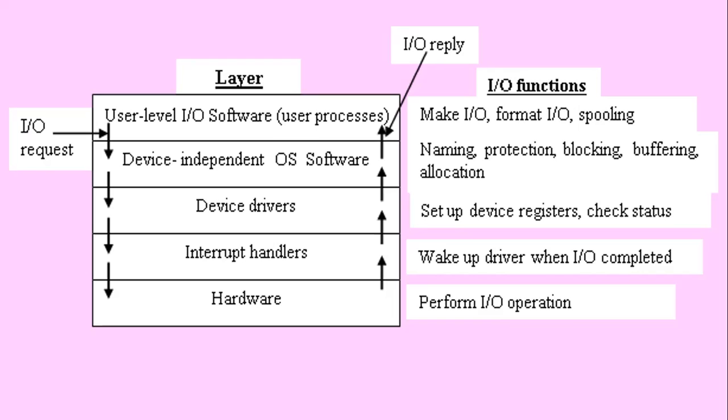Then the device drivers forward it to the device-independent OS software layer. And then finally, the reply is issued to the user process, through which the user is able to know what has happened. Those are what we call the layers in relation to I/O requests and I/O replies.